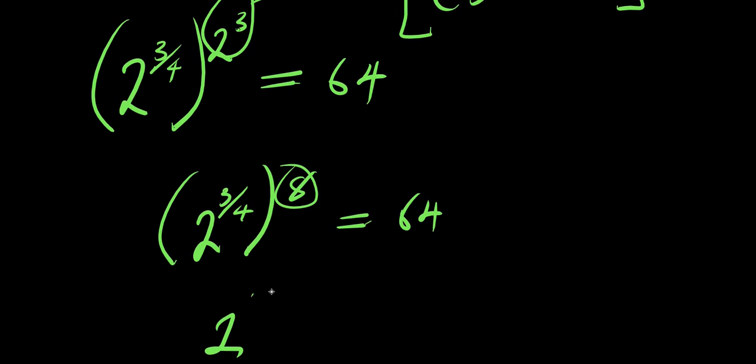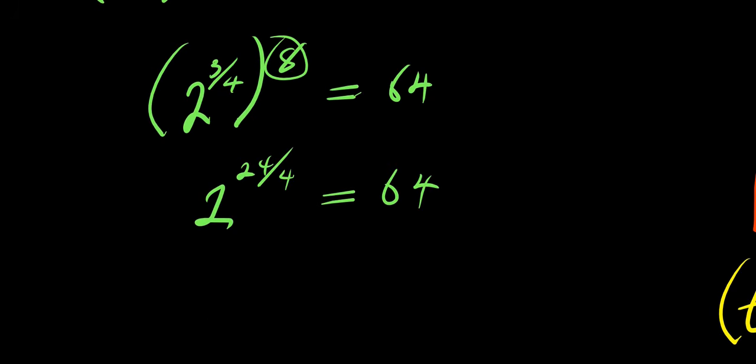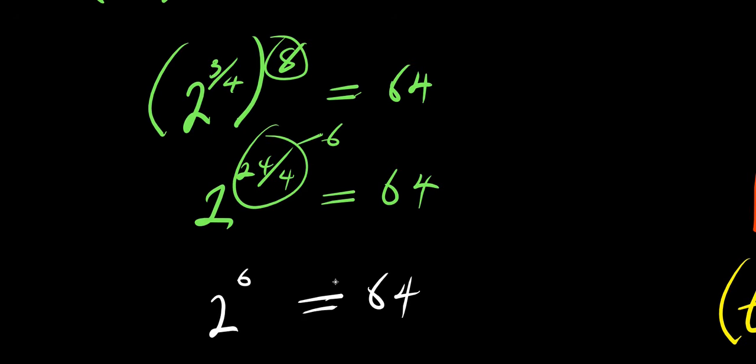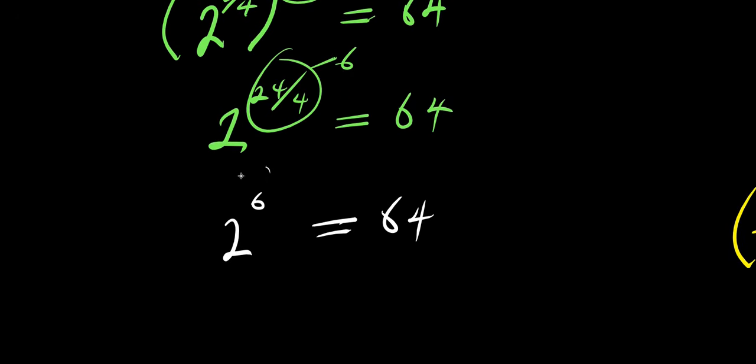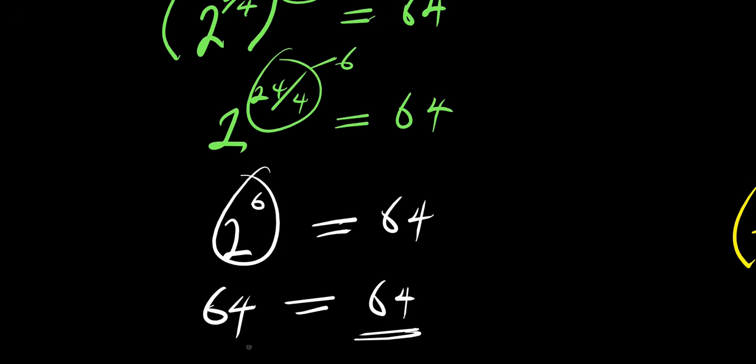So we have 2 power 24 divided by 4. This equals 64. 24 divided by 4 will give us 6. So we have 2 power 6 equals 64. Yes, obviously 2 power 6, that is 2 times 2 times 2 in 6 places, will give you 64, and this equals 64. Left hand side equals right hand side, so that is it.